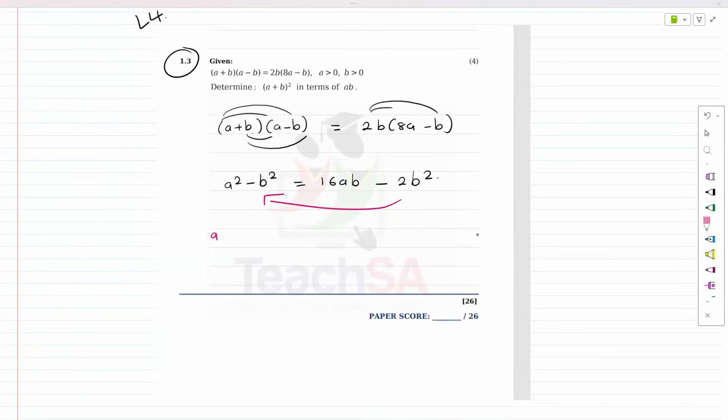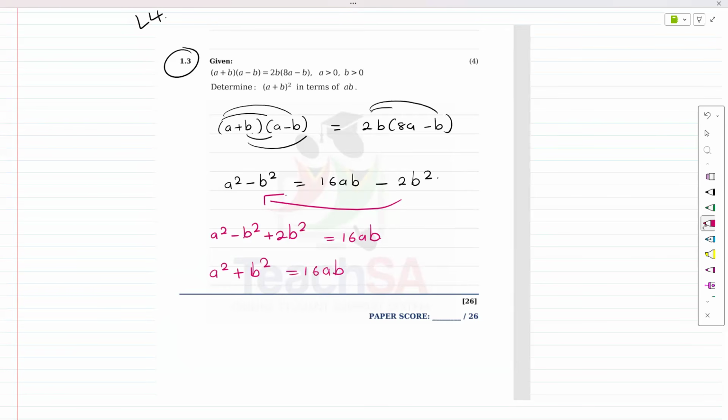So I end up with a squared minus b squared plus 2b squared equals 16ab. Now minus 1 plus 2, that's a squared plus b squared equals 16ab.